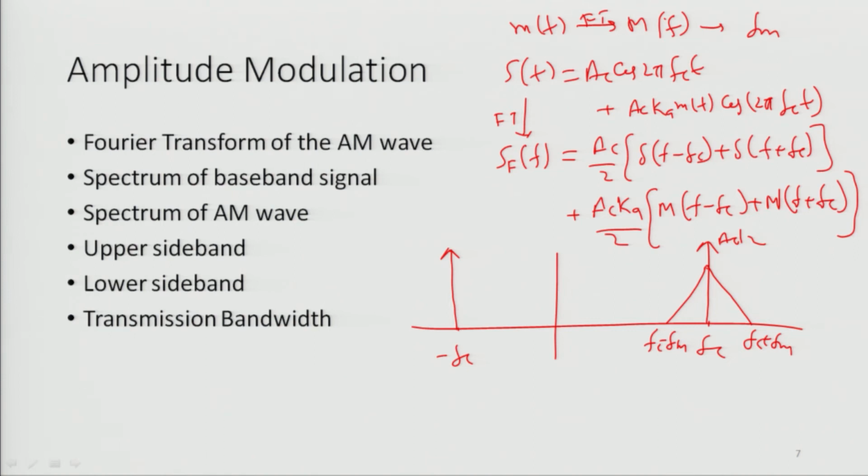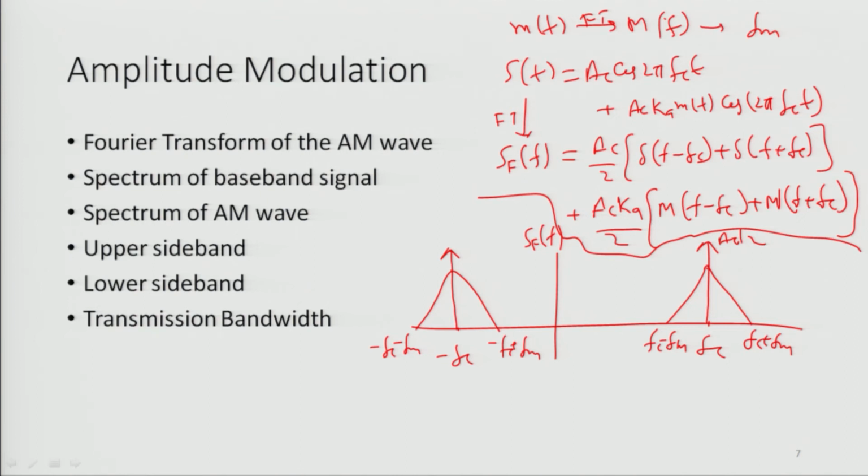Similarly, here also at f = −fc, again like that, this point will be −fc + fm, this point is −fc − fm. This is nothing but the Fourier transform of s(t) given by this one. This is the spectrum of the carrier signal, not only the carrier signal but the modulating signal.